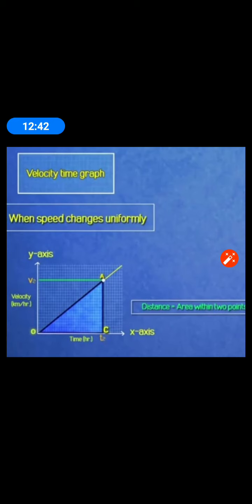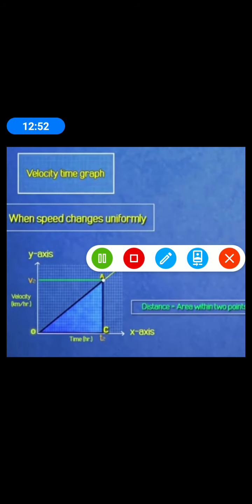Now base is OC and height is AC. So half into OC into AC, that will give us the distance, the area of the 2 points.